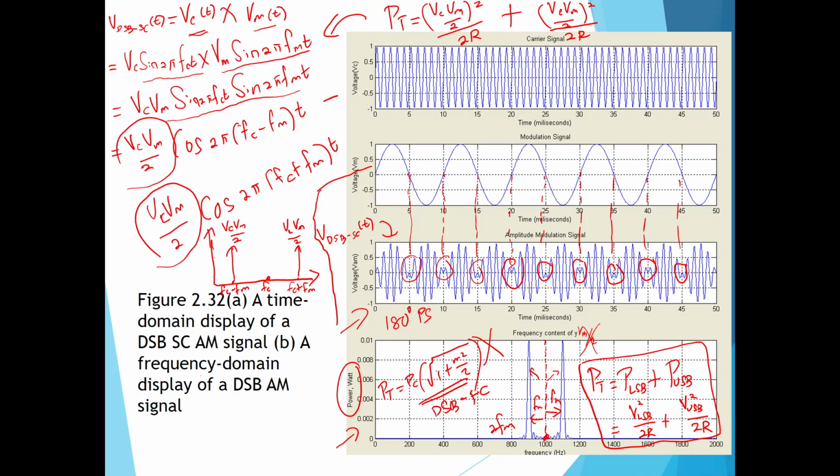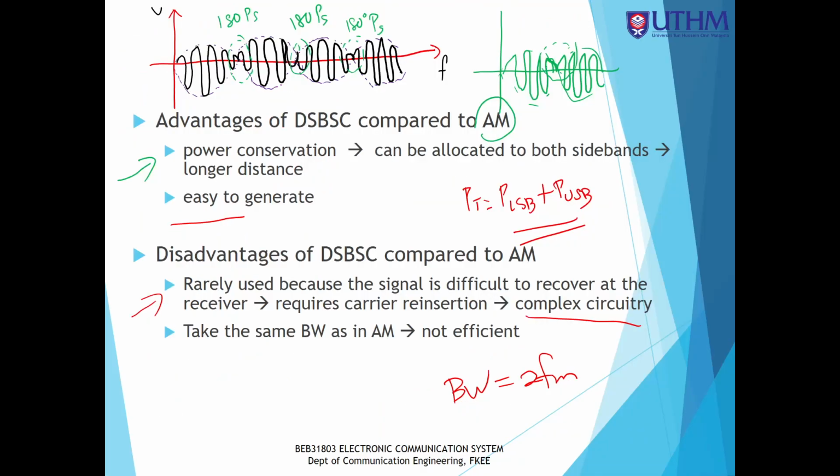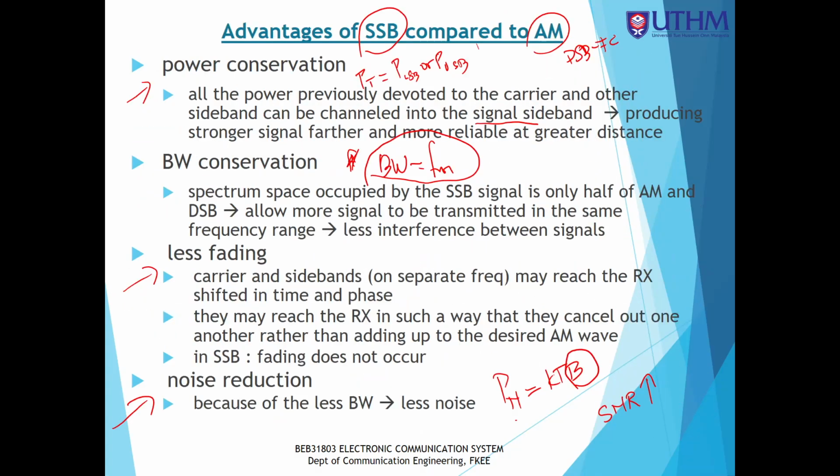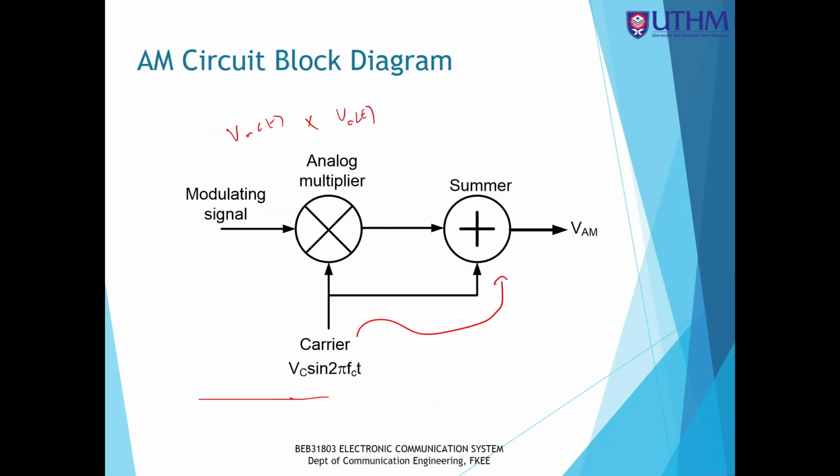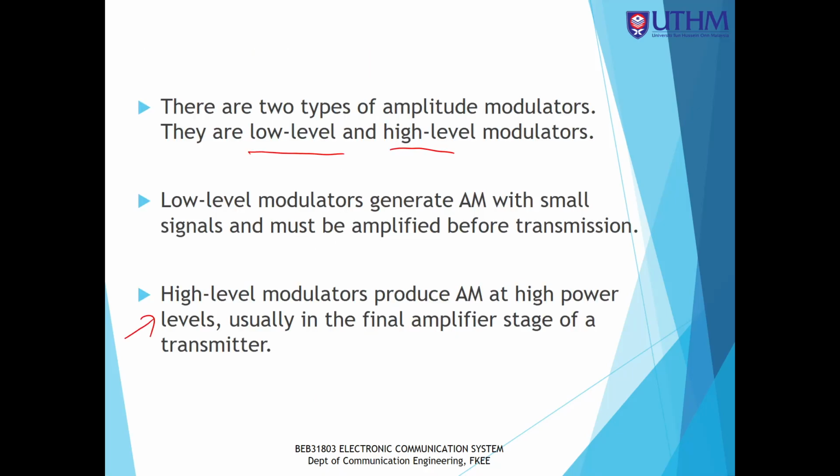This is the equation for the double sideband. Double sideband multiplies two inputs, and you produce two sidebands, upper and lower. You see that the symbol is X, so this is a multiplication process. Whenever you see the X symbol, this is a multiplication process.